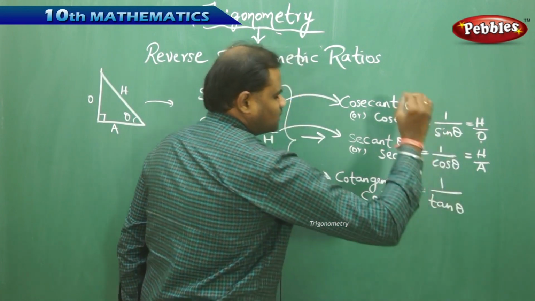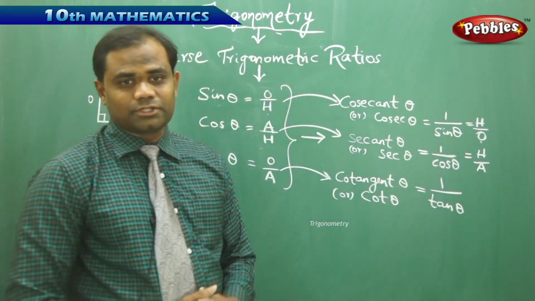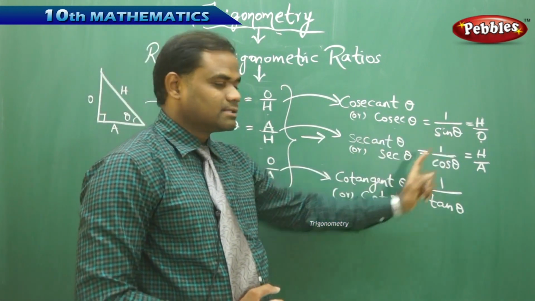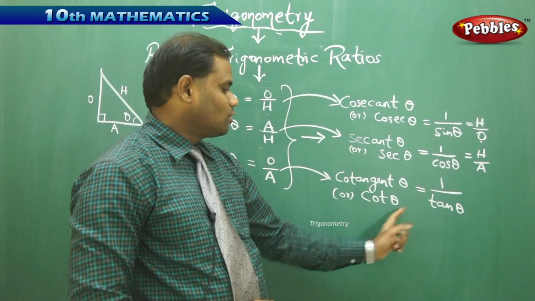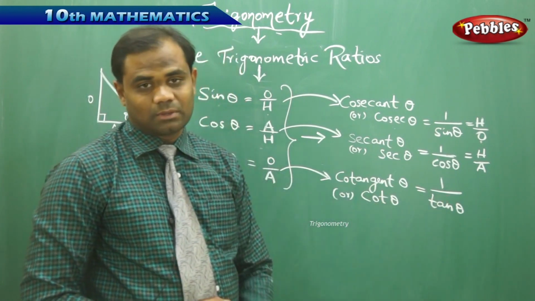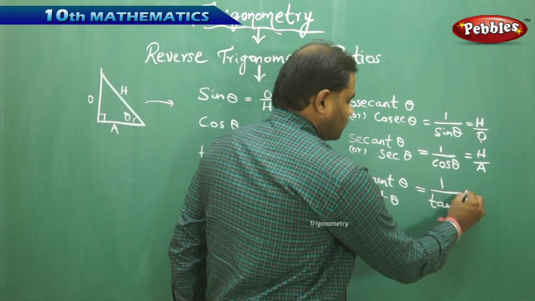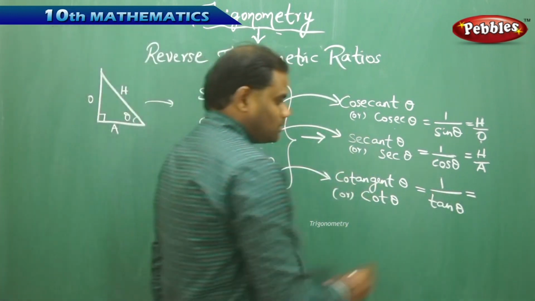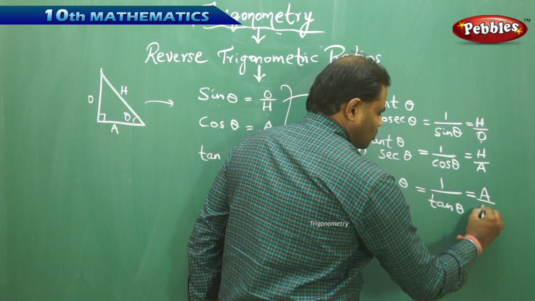reciprocal of tan. So the reciprocal trigonometric ratios have their own formulae, where cosecant is 1 by sine, secant is 1 by cos, and cot or cotangent is 1 by tan. Therefore, tan theta being O by A, the cot will be A by O, that is adjacent by opposite.